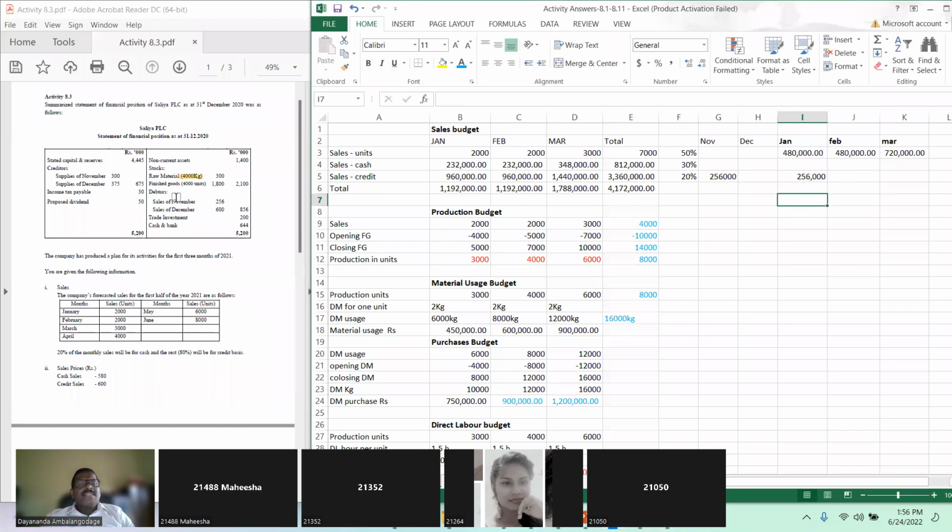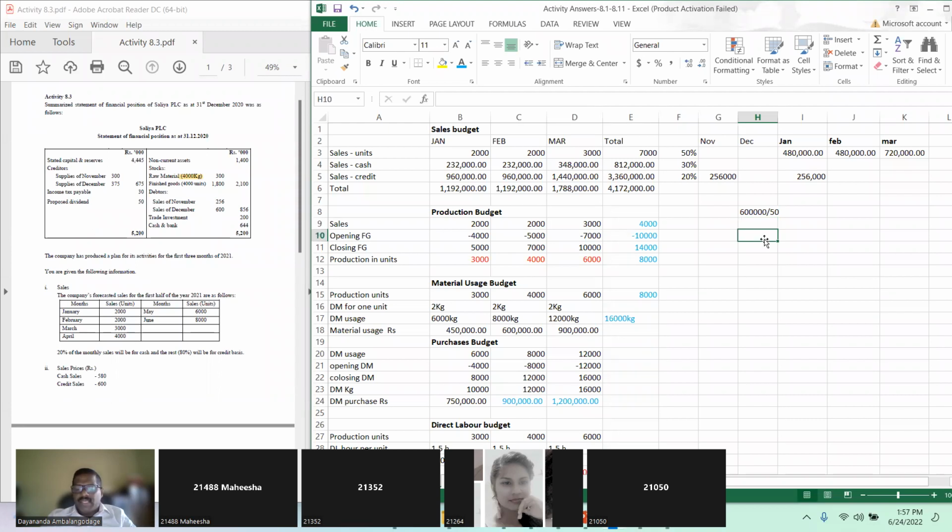And you see that the December sales will consist of two parts. December sales value is 600,000, which is equal to 50%. So we need to allocate it between 30% and 20%.